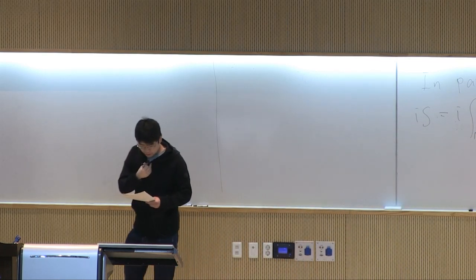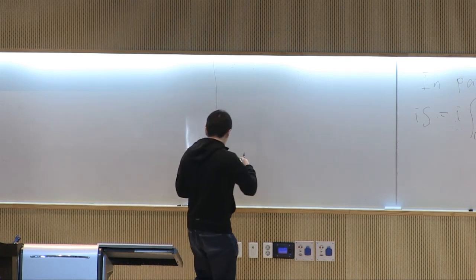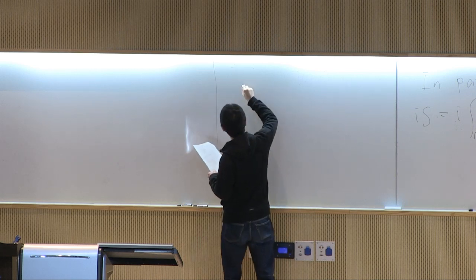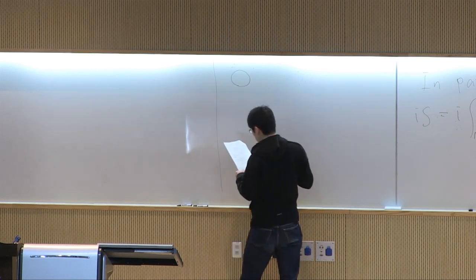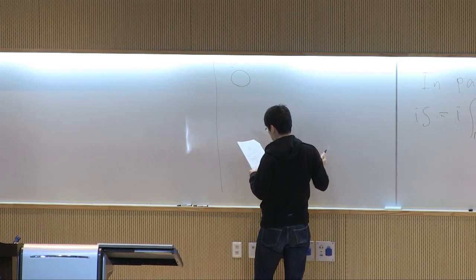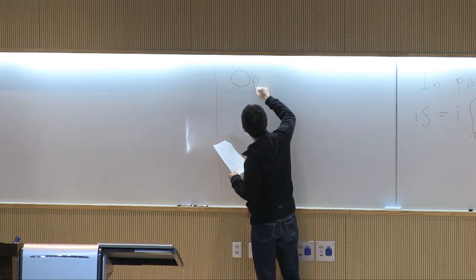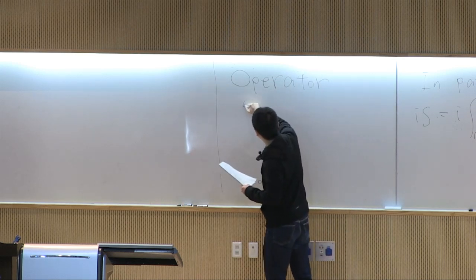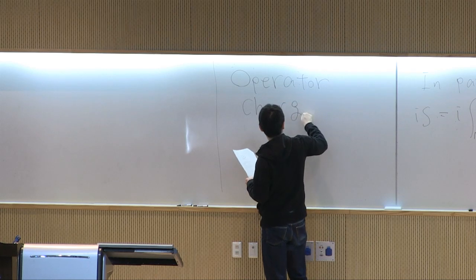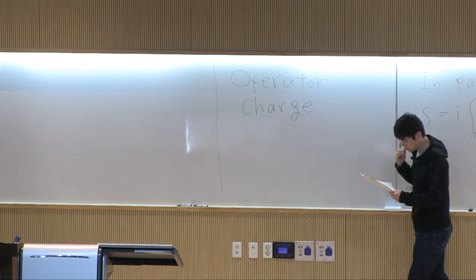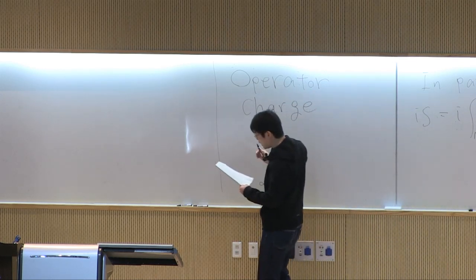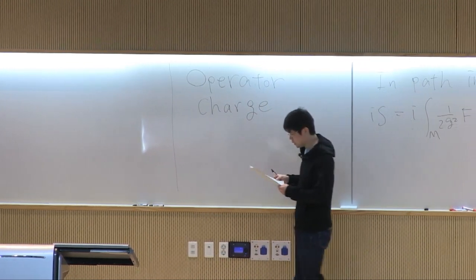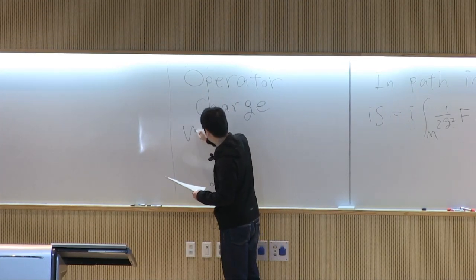Now I discuss operators which are charged under these symmetries. The operator which is charged under the electric one-form center symmetry is a Wilson loop operator.